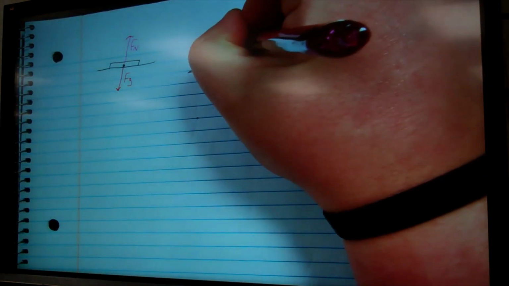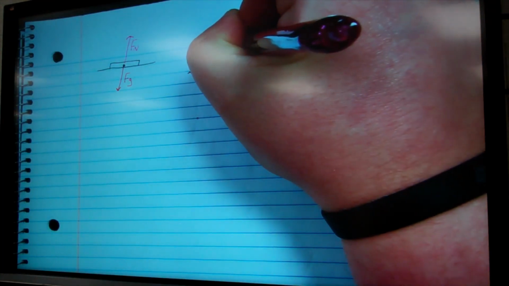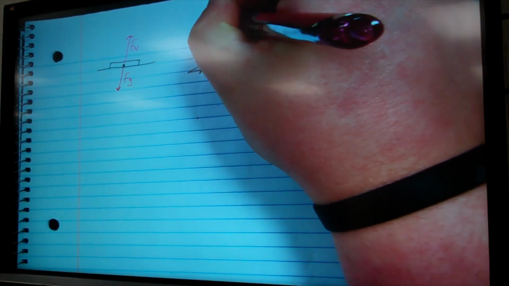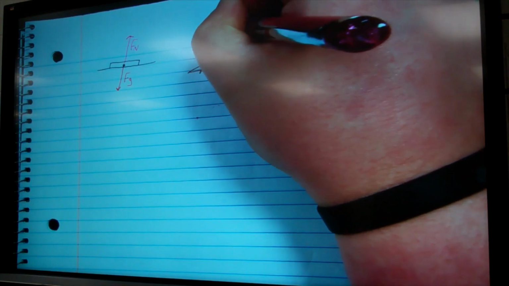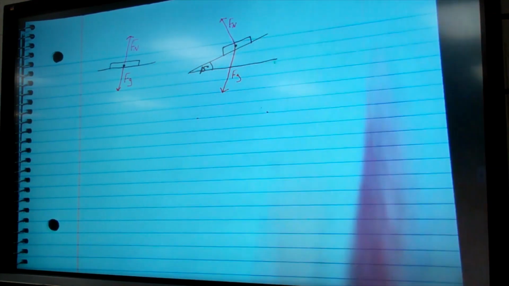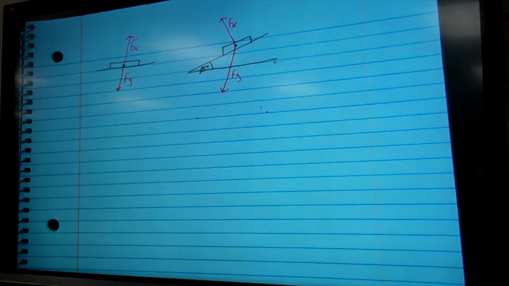It's perpendicular to the surface. We've changed the game. What degree angle is this? 15. So now the normal force and the force of gravity are no longer directly opposing each other.